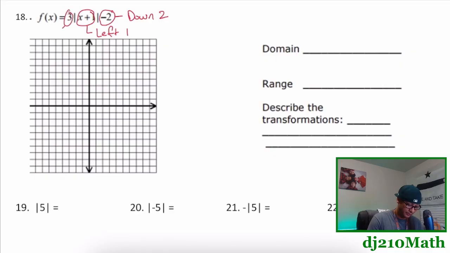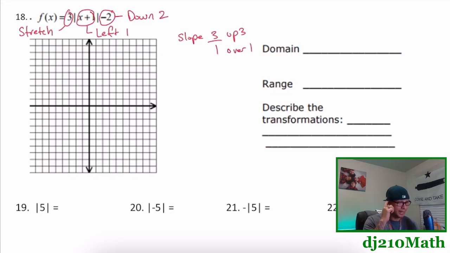And the 3 is going to stretch the y values by a factor of 3. So think of 3 as like a slope. A slope of 3 would be up 3 over 1. That's basically what's going to happen.